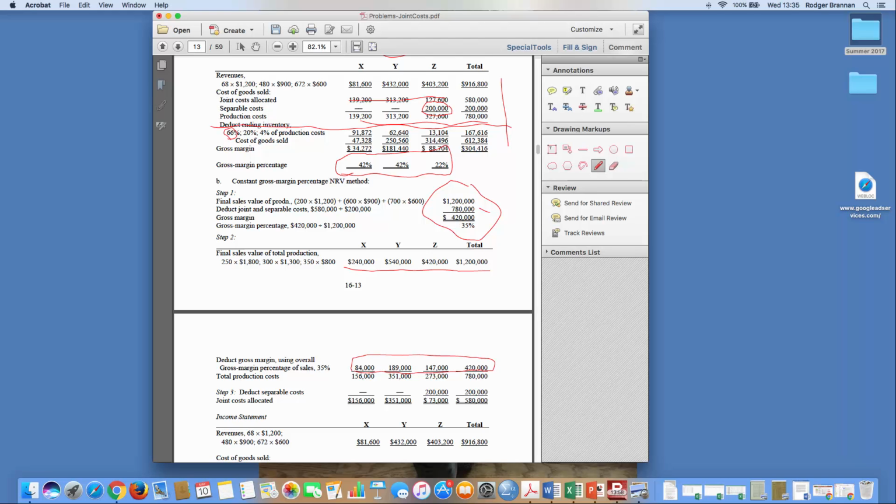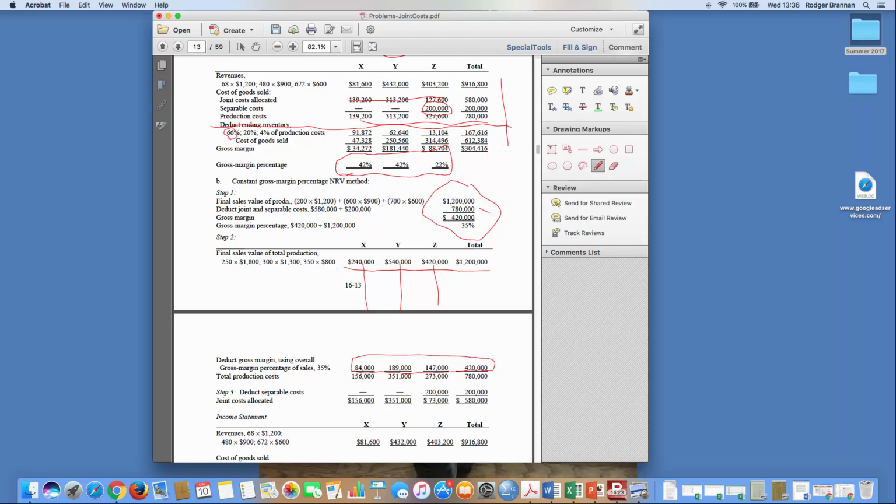That 35% times their respective sales values. And so if I generate $240,000 of revenue, I'm going to guarantee that X will have a gross margin of 35%, or 84,000, 189,000 for Y, and 147,000 for Z.